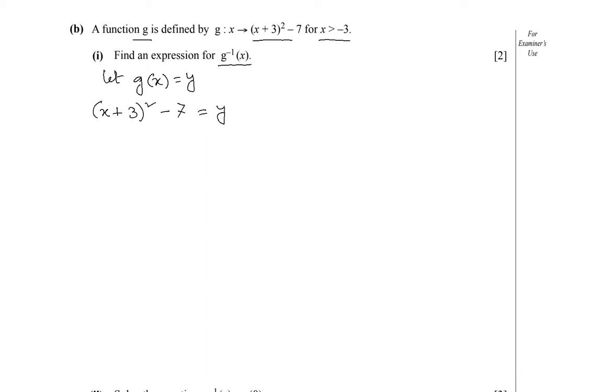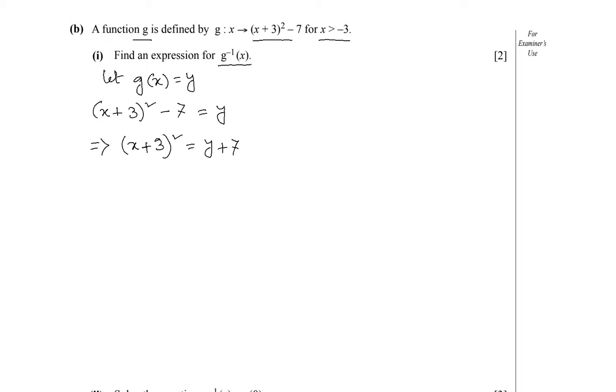In order to get the inverse, we're supposed to make x the subject. So let's add 7 to both sides. In the next line I can write (x + 3)² = y + 7, because I added 7 to both sides of the equation.